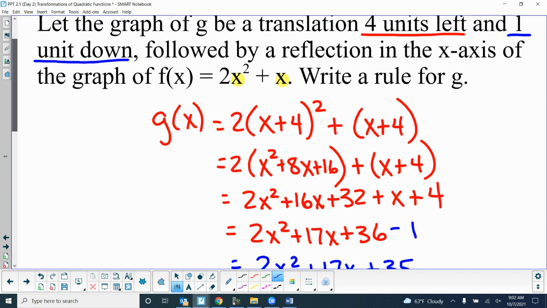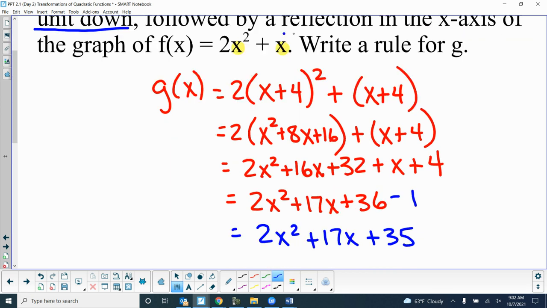Followed by a reflection in the x-axis. What changes there? The y, the whole thing, right? So when I just did blue, didn't I? I wanted to do a different color.